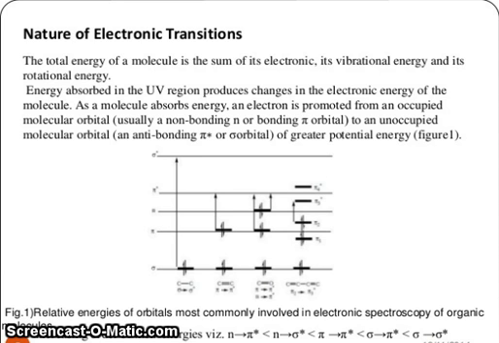You can see here the relative energy of orbitals most commonly involved in electronic spectroscopy of organic molecules, in increasing order of their energies: pi star is higher than n, and sigma star is the highest energy.